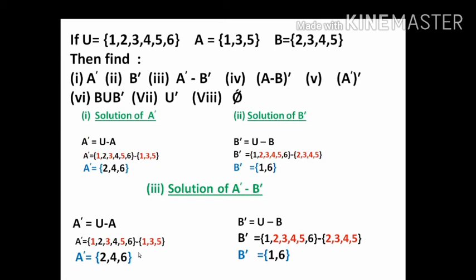So A complement is equal to 2, 4 and 6. In the second step we will find B complement that I have already explained in part 2. So this is the complete solution of the B complement, that is equal to 1 and 6.